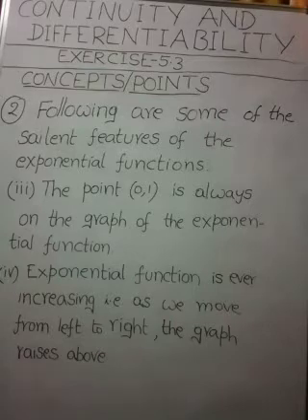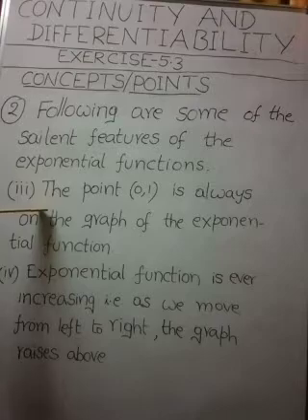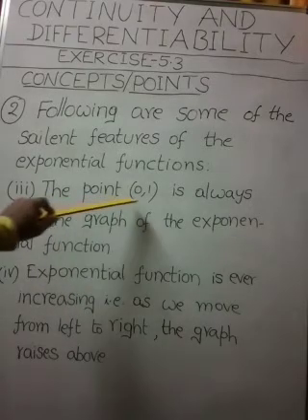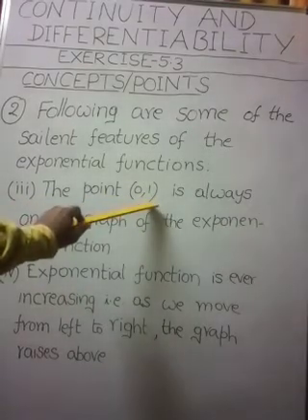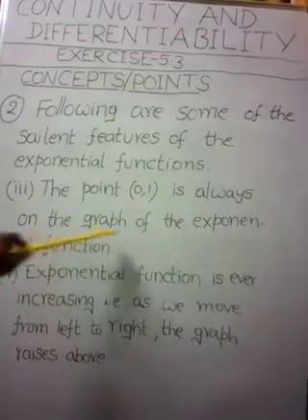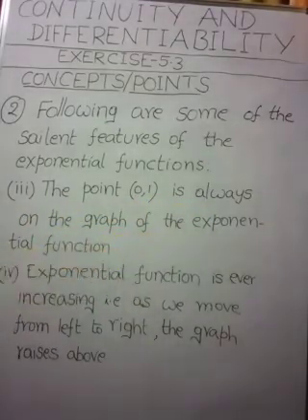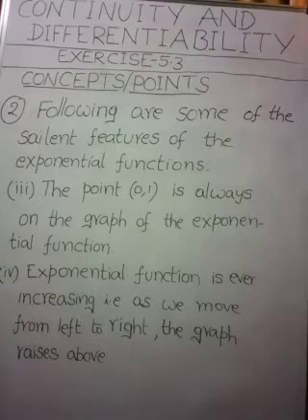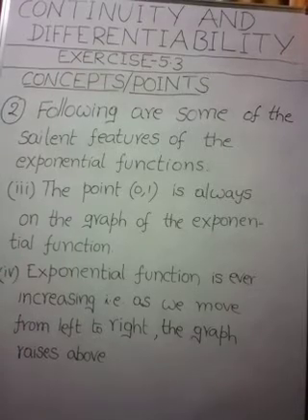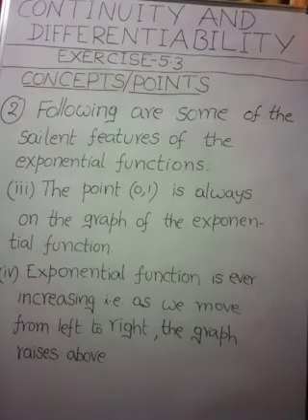This is another salient feature of exponential functions. The point ordered pair 0 comma 1 is always on the graph of the exponential function. If you draw the graph, we have seen the graph of the exponential function y is equal to 10 power x, y is equal to a power x.